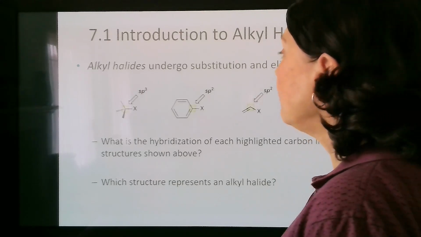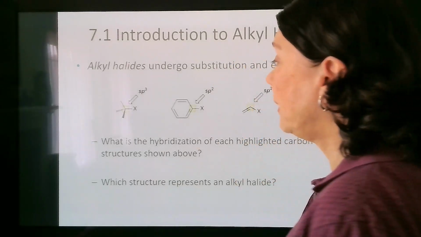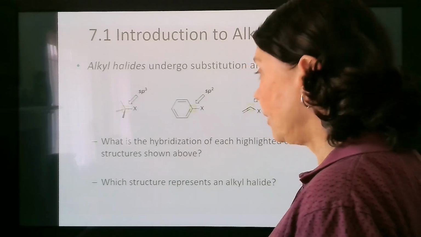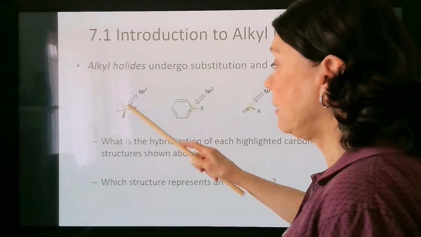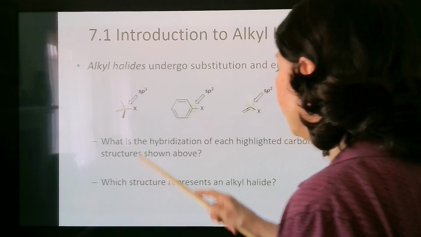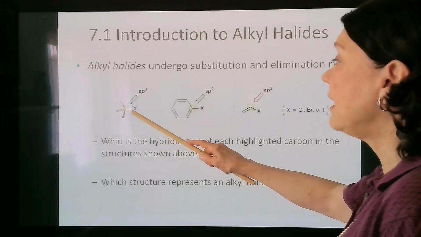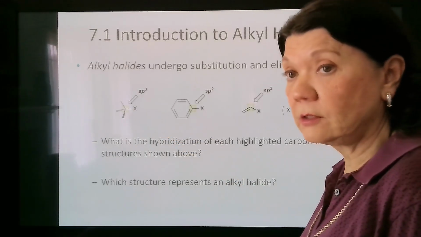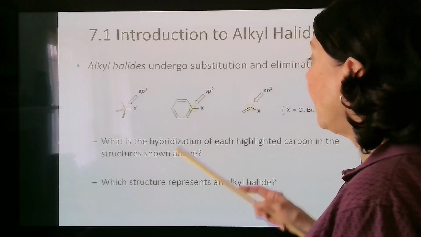But the important point is the substitution and elimination reactions you'll see mostly at sp3 hybridized carbons. There will be a few others, but the vast majority will occur at sp3 hybridized carbons.